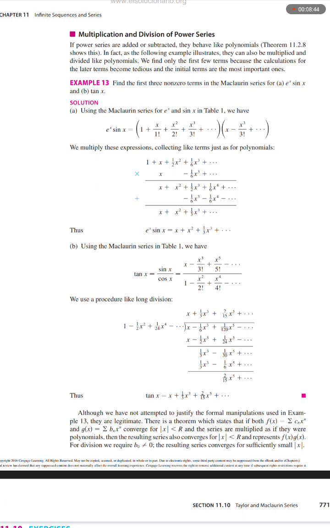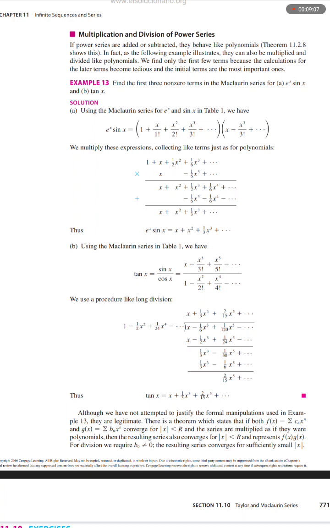We have 1 plus x plus 1 half x squared plus 1 over 6 x cubed plus ellipsis, times x minus 1 over 6 x cubed plus ellipsis.